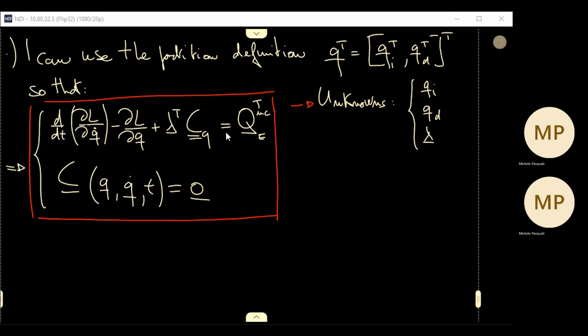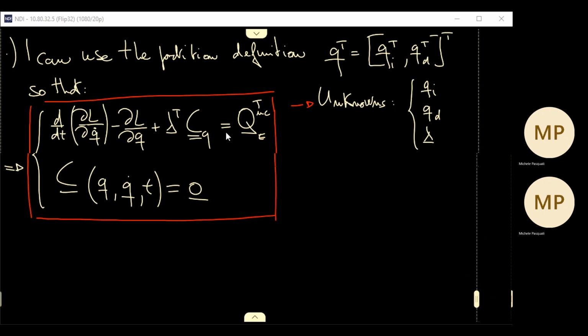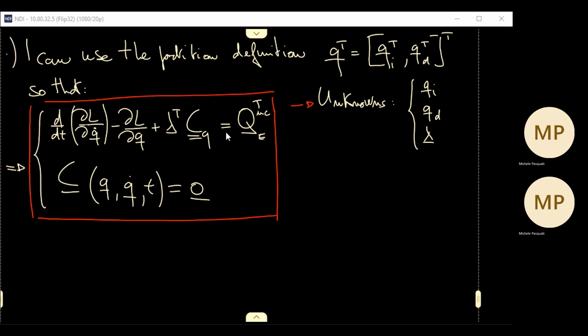While previously we had, and these typically are algebraic equations, we have seen it typically. So eventually, while previously we had, as we have already anticipated, a system of differential equations, here we have differential and algebraic equations. We have a mixed system of both.